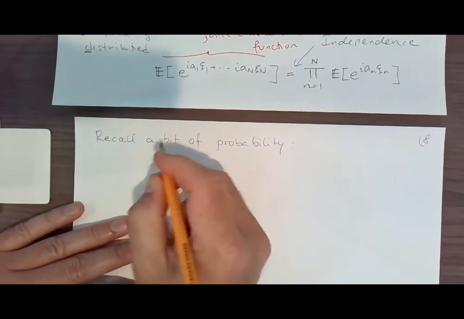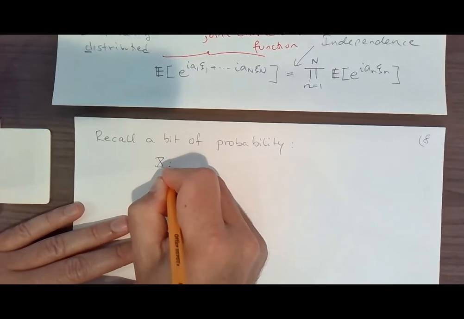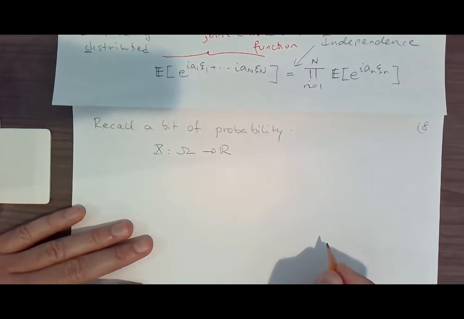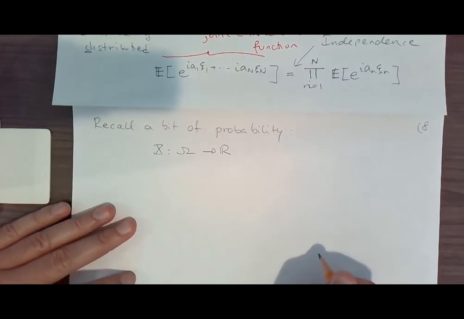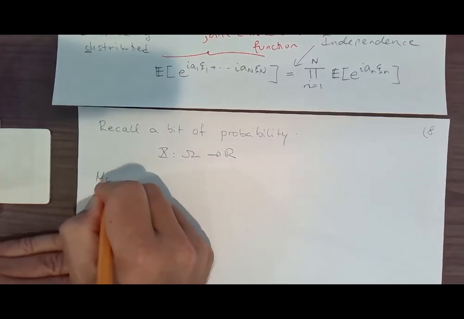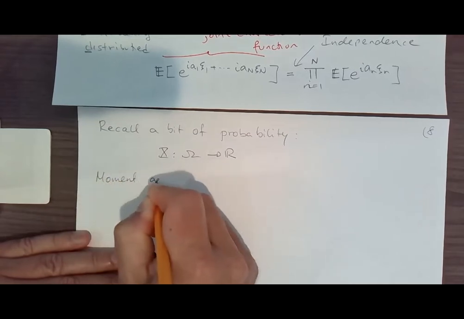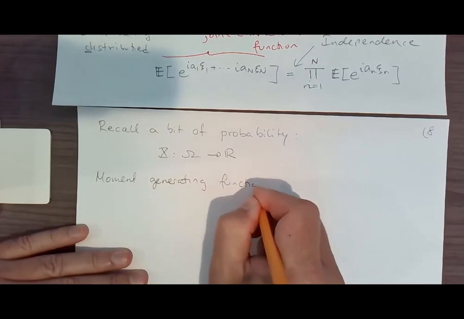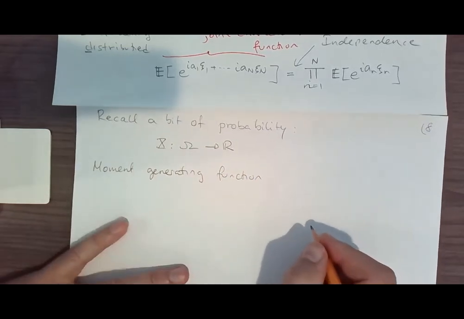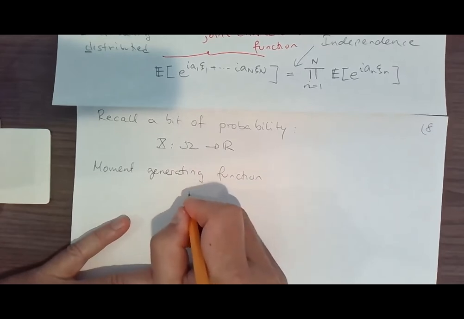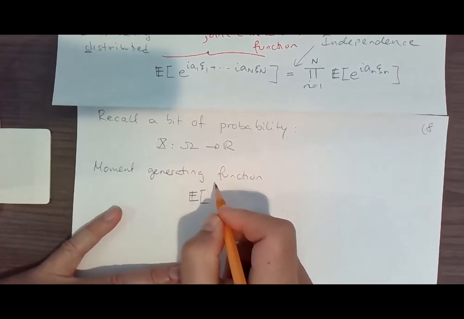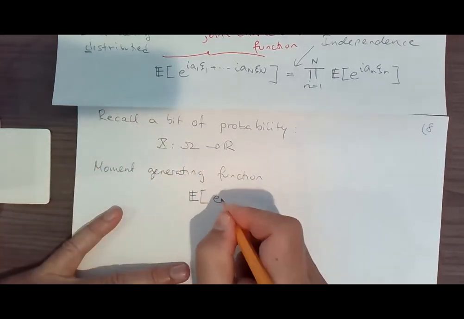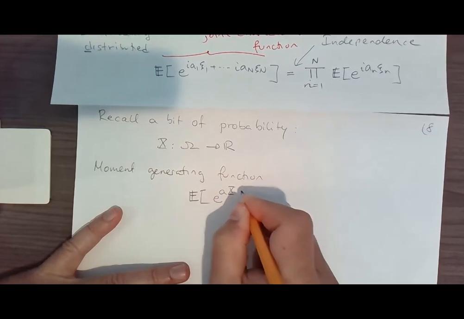If I have a random variable, let's say X, so this is a random variable that goes from omega into, say, R. We say the moment generating function has the form of an expectation under P of e to the aX.